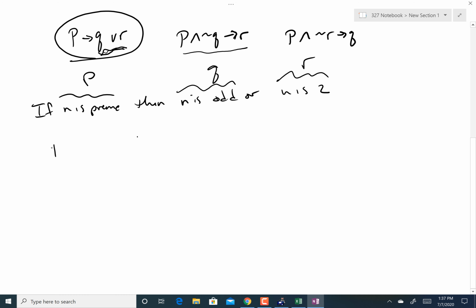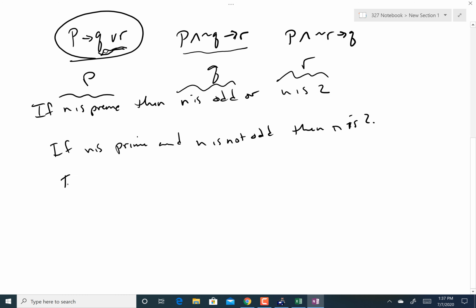Okay, so let's do it this way here. If n is prime and n is not odd, then n is 2.